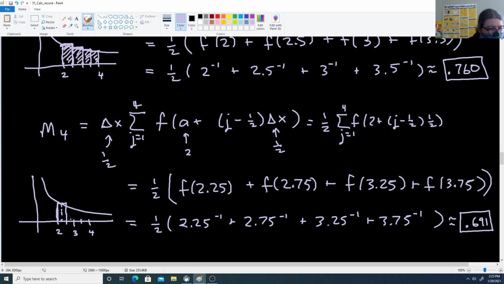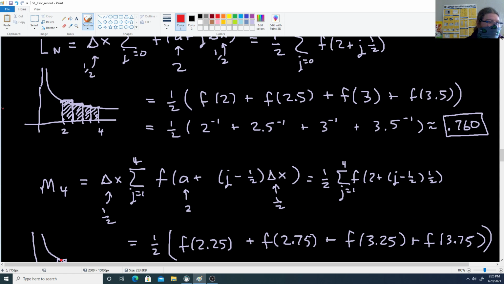Then next was 2.75, which was here about. That sets the height on that rectangle. 3.25 is here. That sets the height on that rectangle. 3.75 is there. That sets the height on the final rectangle. So in this one, the points that we were hitting the function at are in the middle of each rectangle.